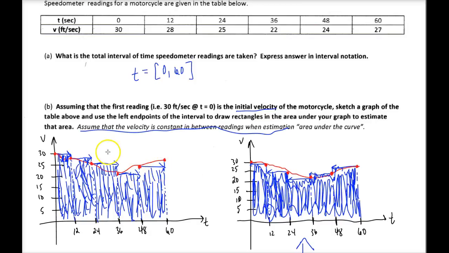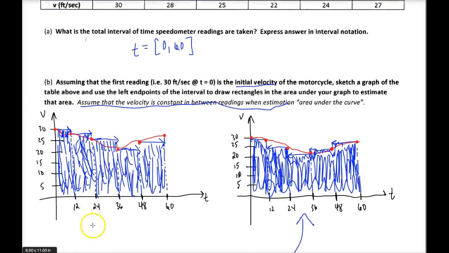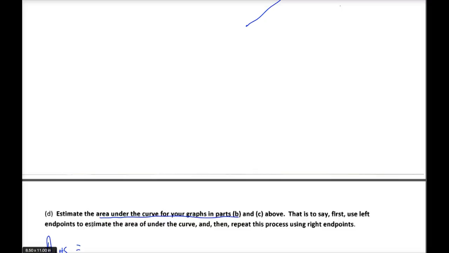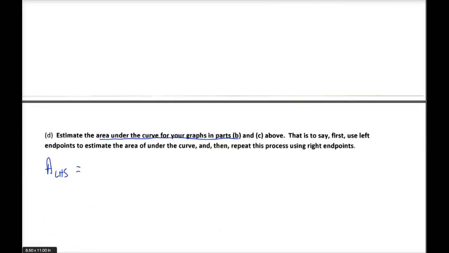Now, for the right endpoint estimate, we would start at 28, because that's what we see here, and do 28, 25, 22, 24, and 27. And then all that will be multiplied times our delta x, which would be 12 here, because all the rectangles have the same width. So that's what we are going to do now.